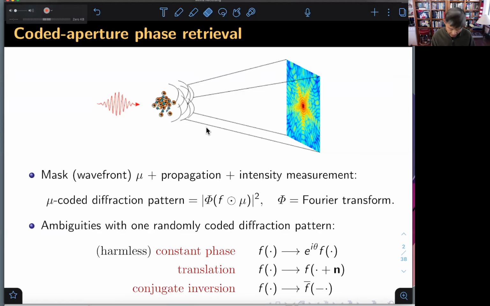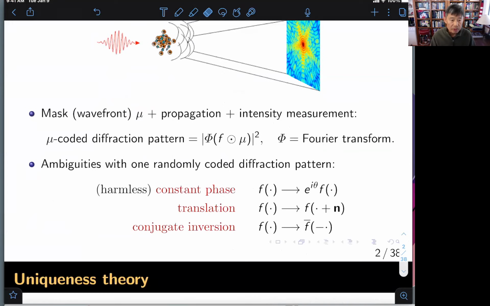Okay, so simple is a relative term, but at least the setup is very simple and very easy to understand. So I call it the mu-coded diffraction pattern. Mu is a wavefront or mask. We look at the incoming wave right at the doorstep of the object wave. So looking at the pointwise product, I'm going to work with a discrete object in my talk.